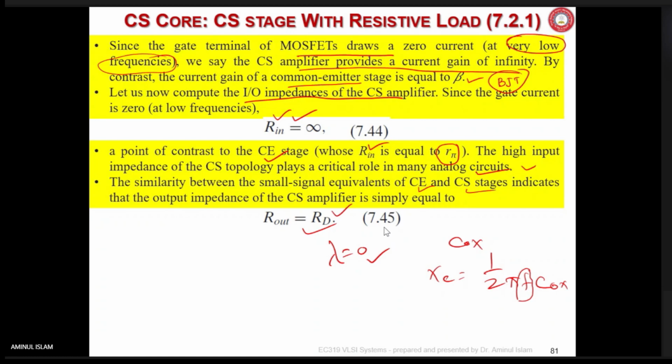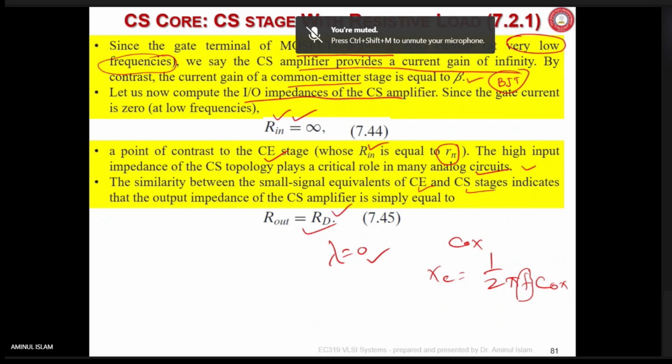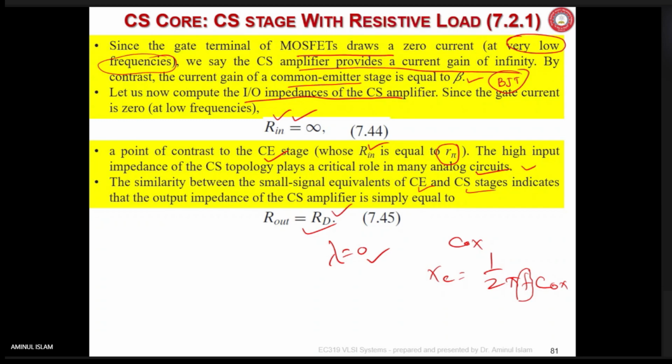At high frequency, of course, it may not be infinite, because basically the MOSFET is a capacitor. On one side you have the substrate, the channel region, on the other side is the polysilicon gate material, and in between is silicon dioxide, so it is a capacitor.